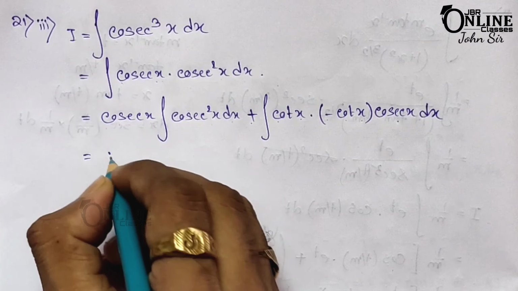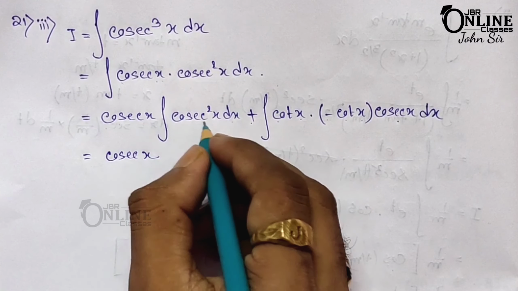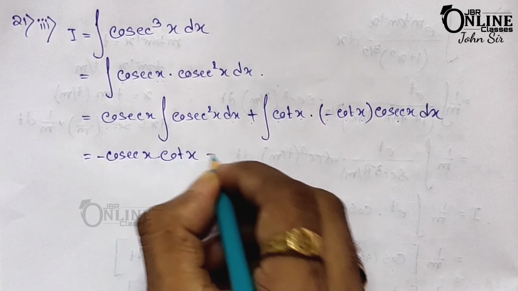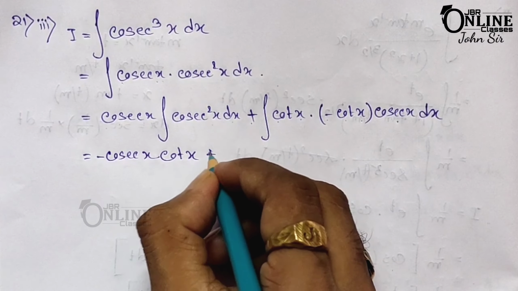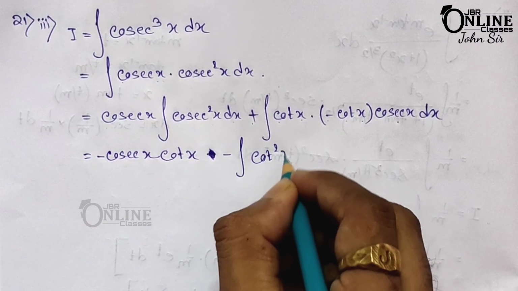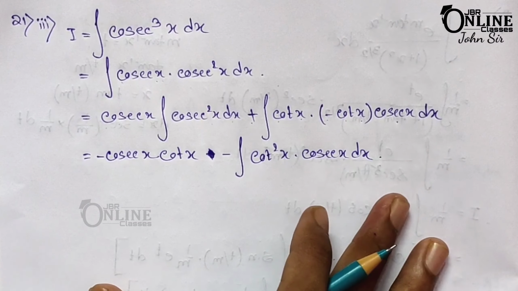So write down here cosec x, integration here cosec square x will be minus cot x plus, and here also minus, so plus minus will be minus, then cot square x cosec x dx.